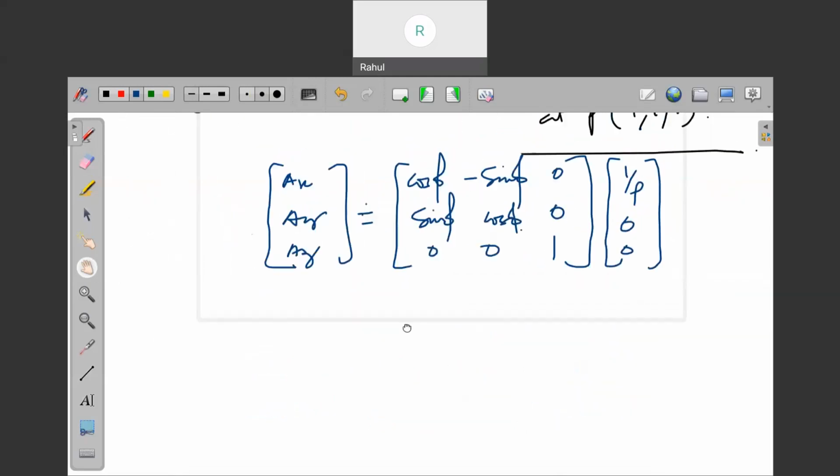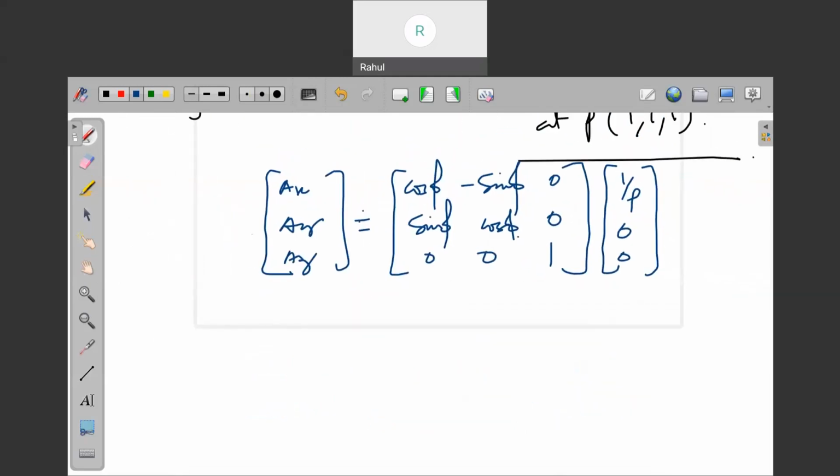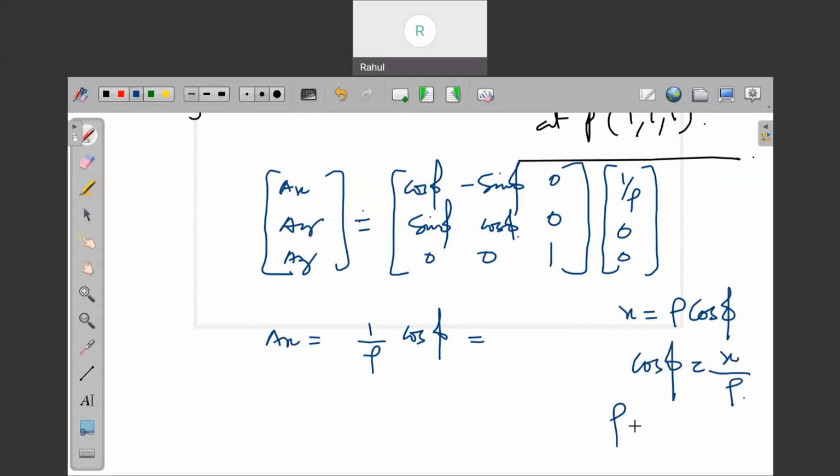Anyone can solve this kind of question, right? Suppose this is A x. What is A x here? That is 1 by rho times cos phi. So how can you write this? You know that x equals rho cos phi. So you can replace cos phi, which equals x by rho, and rho equals the square root of x square plus y square.